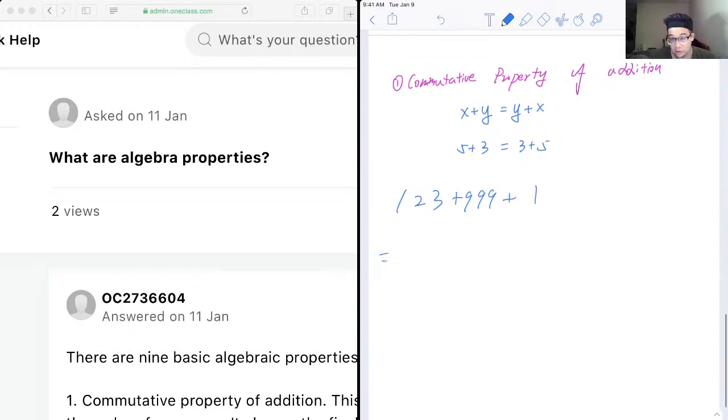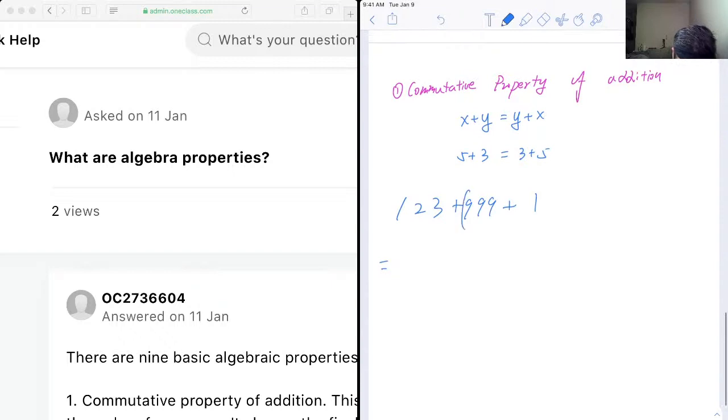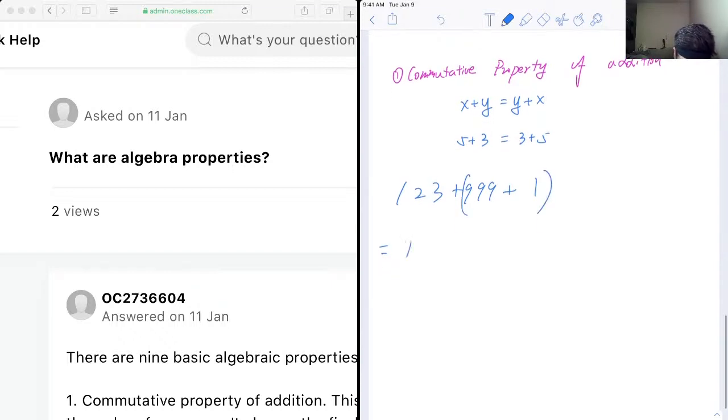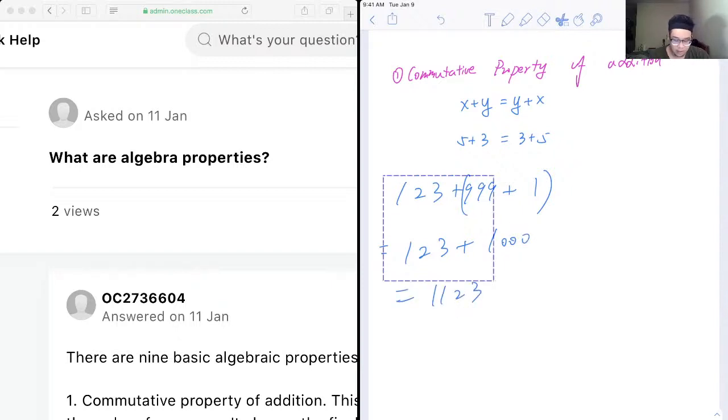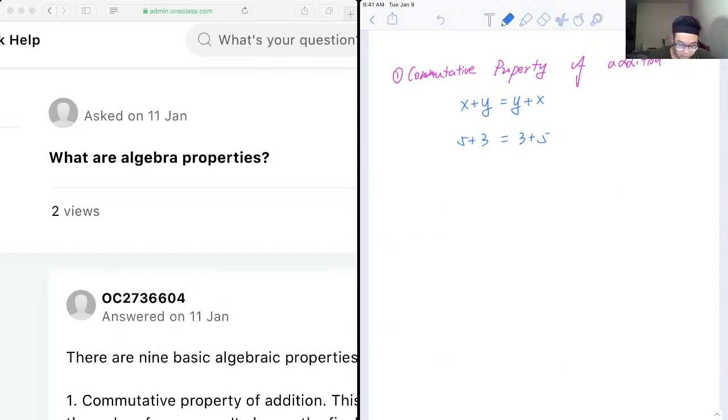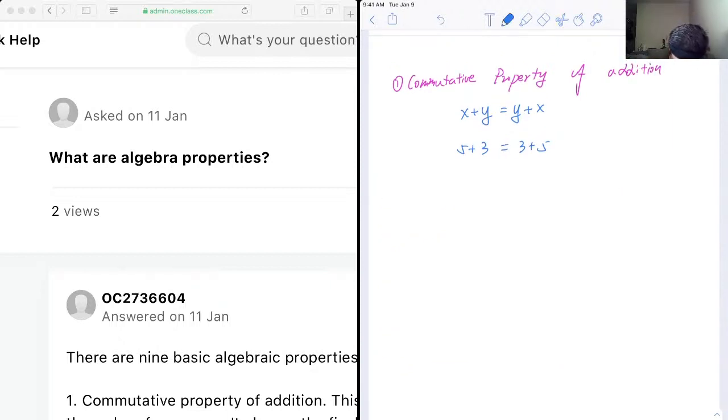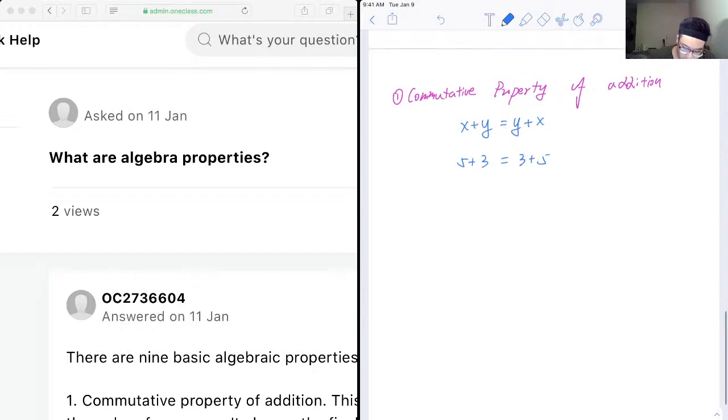If we follow the regular order, we will group the first two, which is somehow hard to calculate. But if we calculate these two first, we can have 123 plus 1000, and that gives us 1123. So that somehow helps us do the calculation. So that's the commutative property of addition.